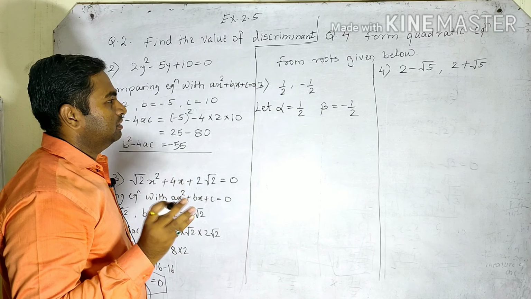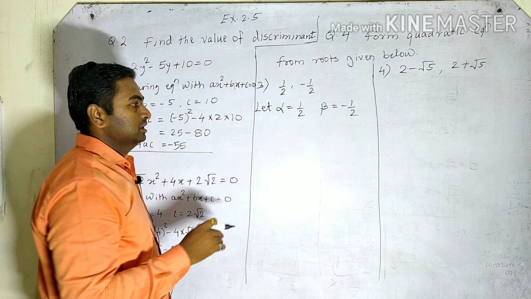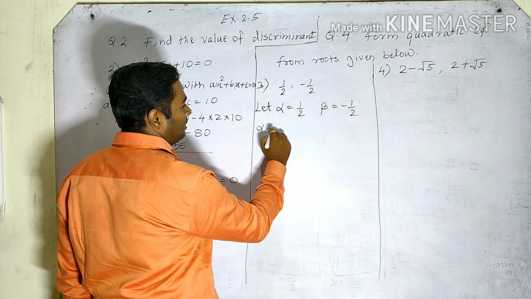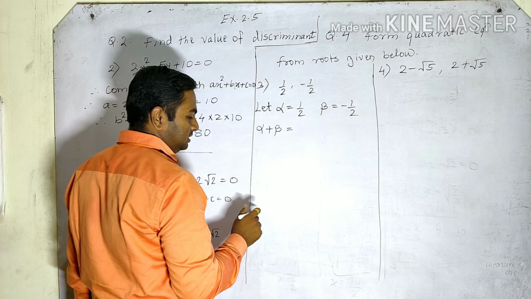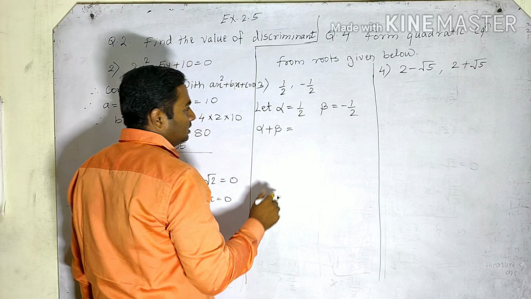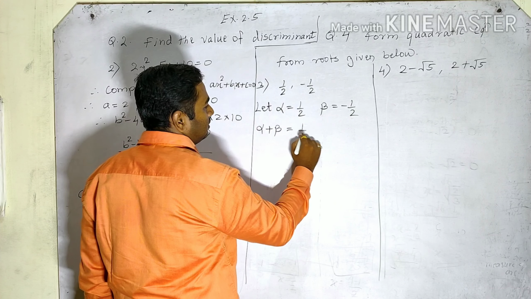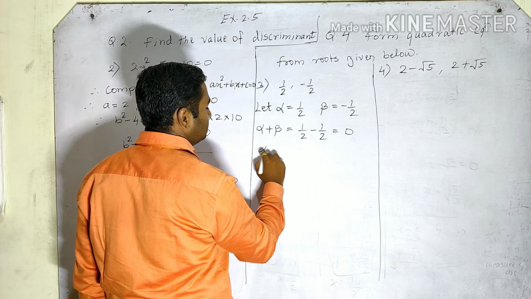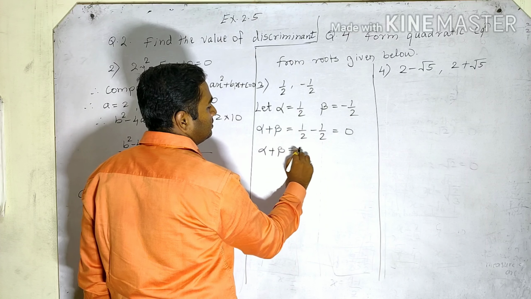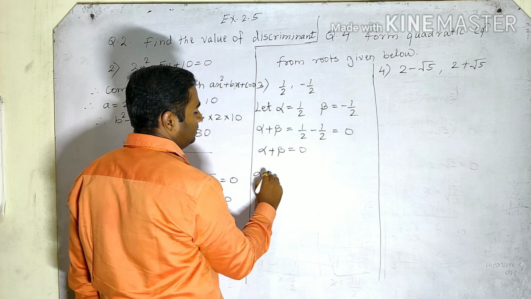We need the alpha plus beta and alpha into beta. So alpha plus beta first we find out. What is the alpha plus beta? See, half minus half, so it becomes 0. That is alpha plus beta becomes 0. Now we take alpha into beta.